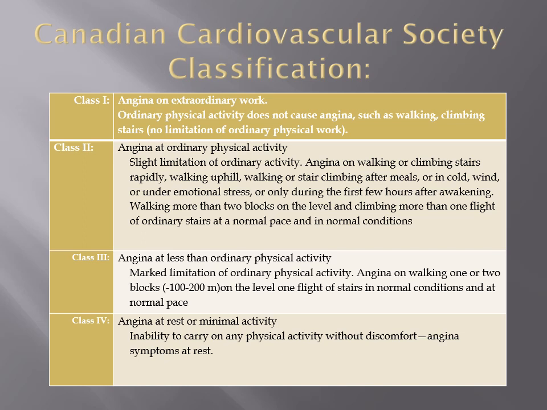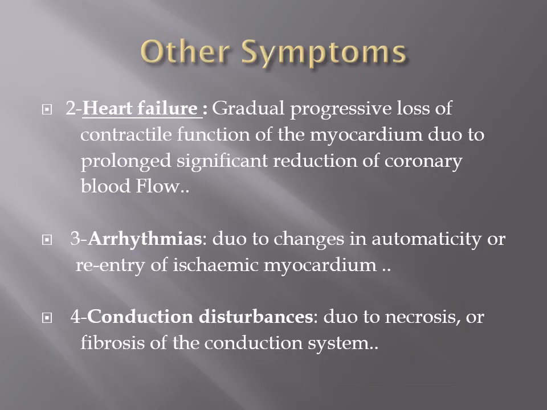Now we define the Canadian Cardiovascular Society classification, and it's nearly the same: class 1, angina on extraordinary activity; class 2, angina at ordinary physical activity; class 3, angina on less than ordinary.